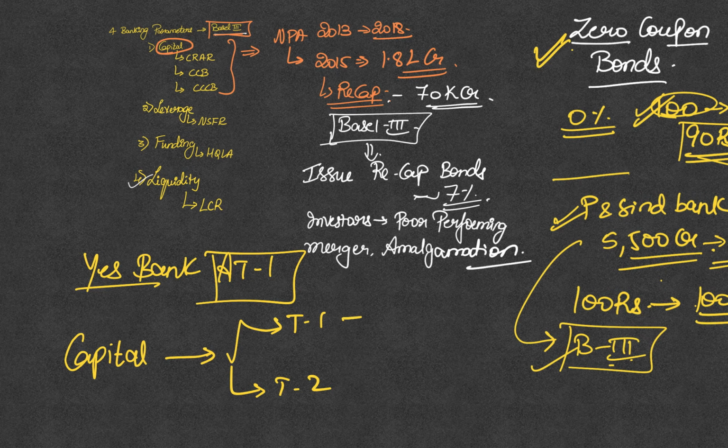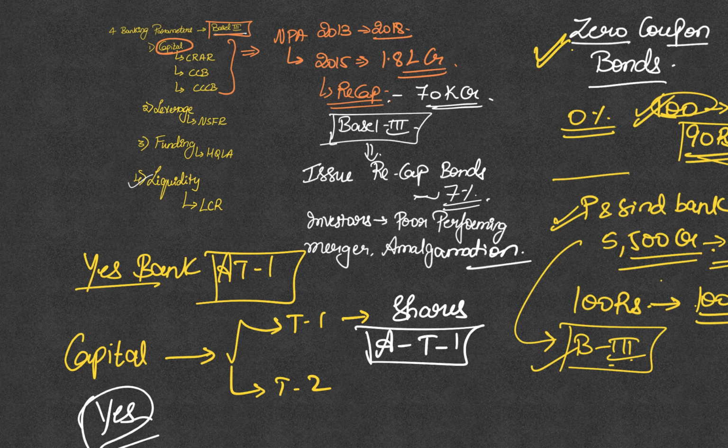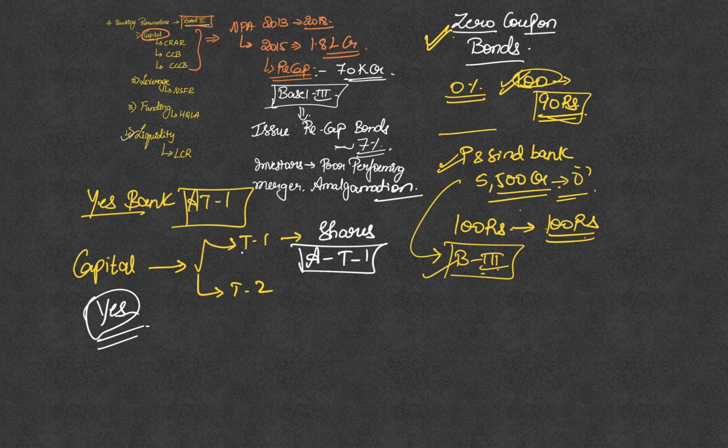Normally in tier 1, what is present is the normal shares that are issued to the market, and additionally you have something called the additional tier 1 bonds, which were in use in the context of the Yes Bank controversy. Yes Bank is a bank which was actually in trouble for its flawed economic model and was bailed out by SBI. Coming back, apart from this tier 1, you also have tier 2 capital.